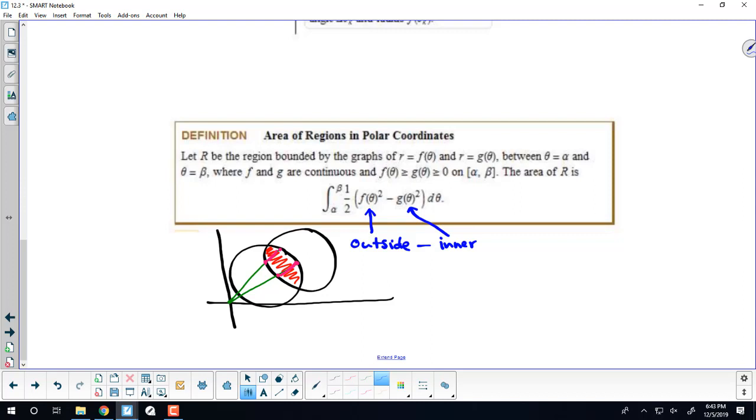In a situation like this, if we didn't do the outer minus the inner, we wouldn't sweep out that red area. If we just did the outer of that circle, then from wherever to wherever, we would be determining this area here.